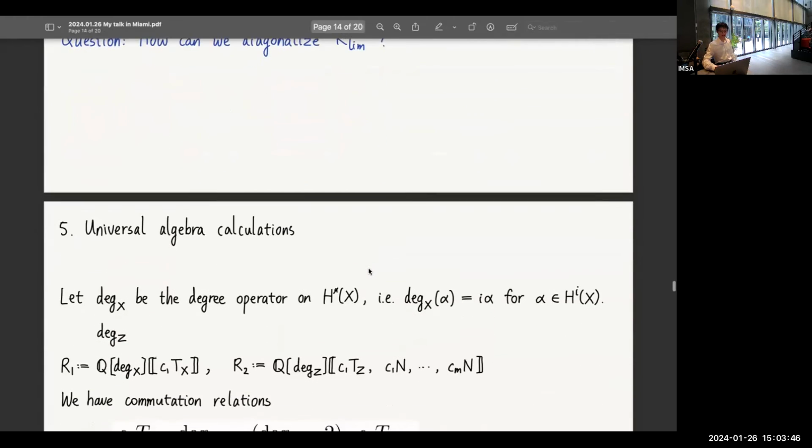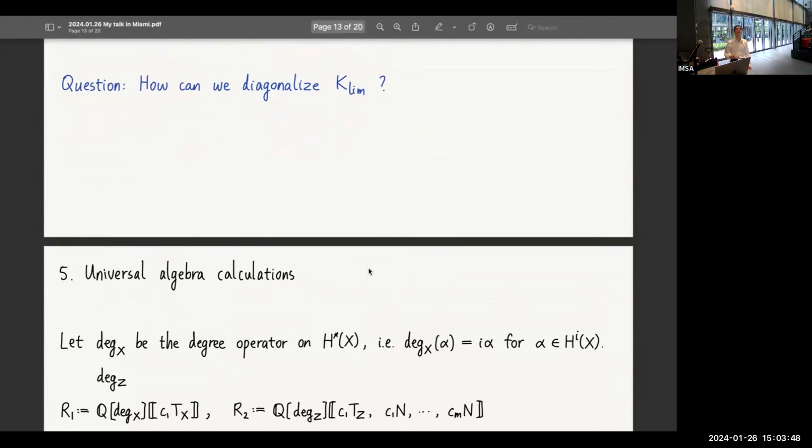For this, we consider the following universal algebra calculations. Let X be the degree operator on the cohomology of X. We need this degree operator because in this quantum connection, we have this grading operator.